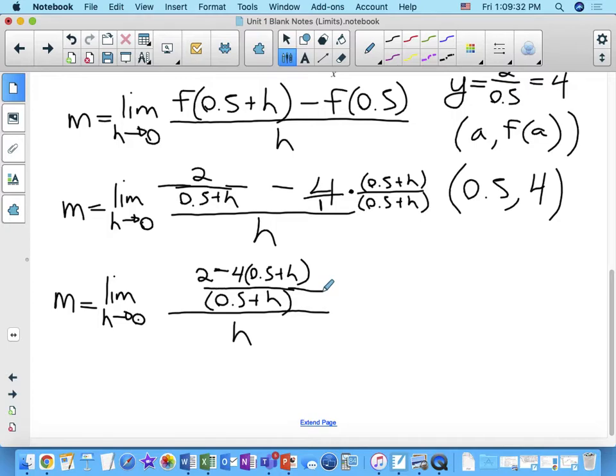Now what I can do is, there's a couple things that I'm going to do. Where do you think we should go from here? Yeah, so I'm definitely going to distribute this in. What about this denominator? Yeah, I can bring this down. Okay, so let's see what that line's going to look like.